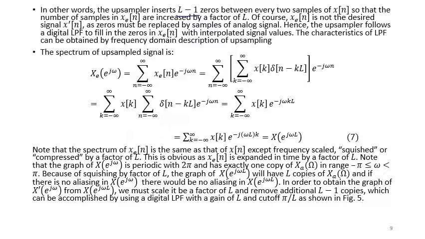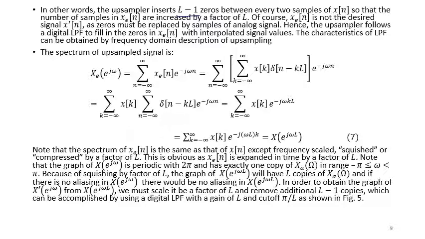I hope you have an idea, because when we were doing the reconstruction of the sampled signal, you remember that we used a low pass filter so that we can interpolate. We also studied different methods of interpolation, and one of them was the ideal low pass filter.